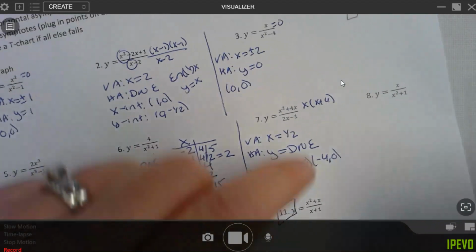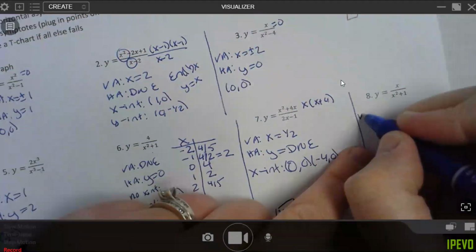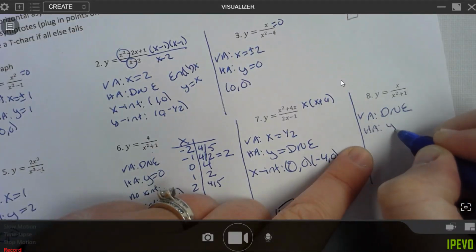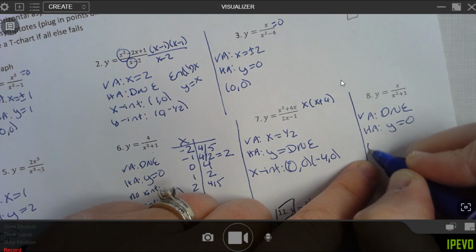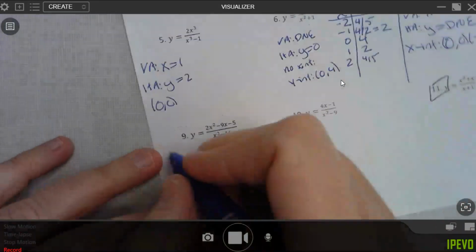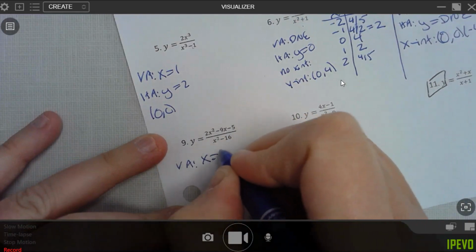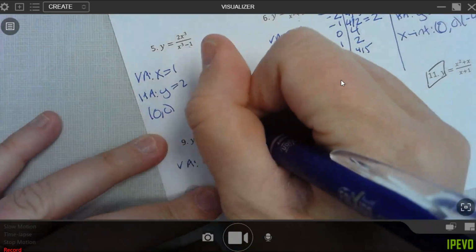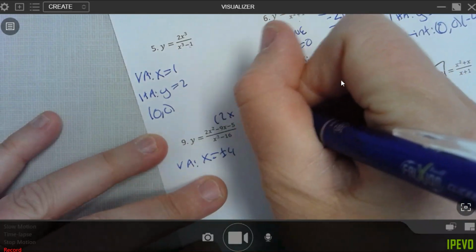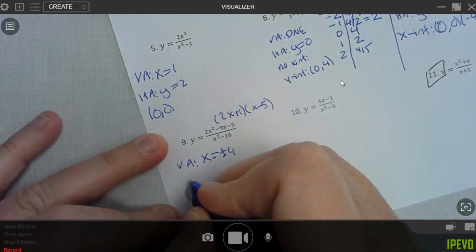So y is 0, 0 also. Intercepts are 0, 0. Vertical asymptote down here is plus or minus 4.